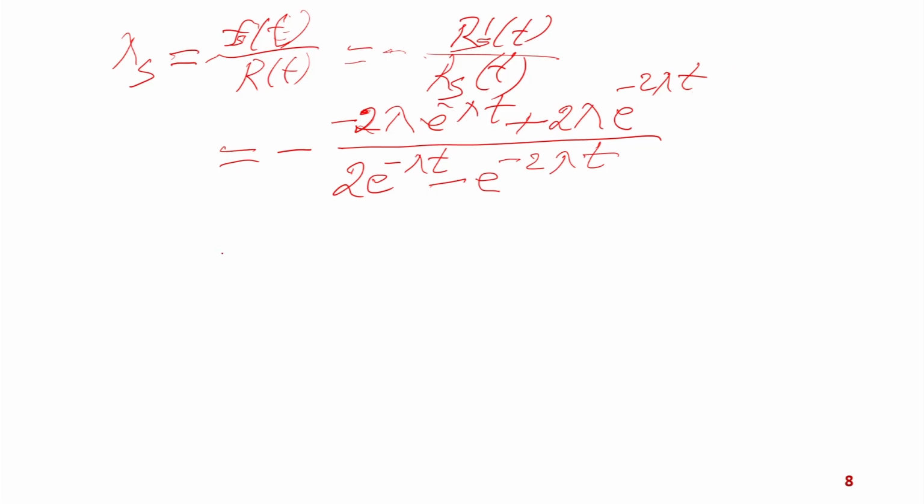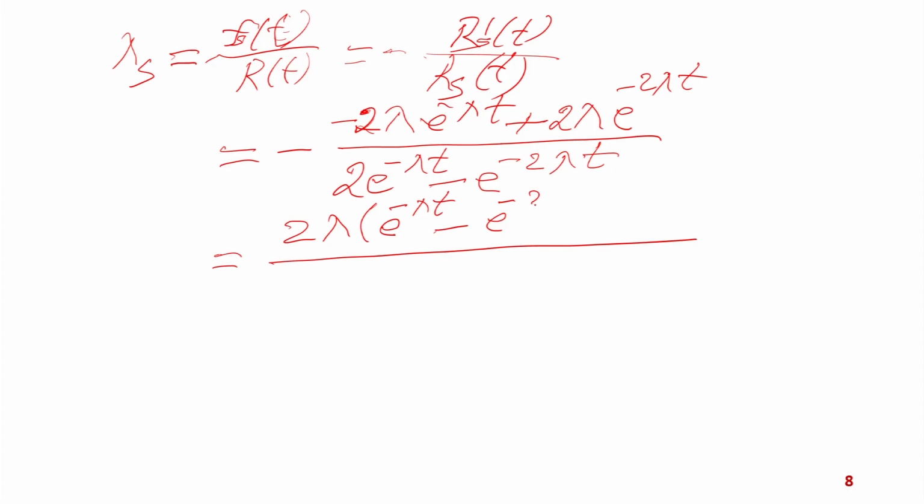If I now simplify, I can take 2 lambda out. Inside the bracket it will be e to the power minus lambda t, with a minus sign inside for the other term, minus e to the power minus twice lambda t. And the denominator will be the same: e to the power minus lambda t, minus e to the power minus twice lambda t.